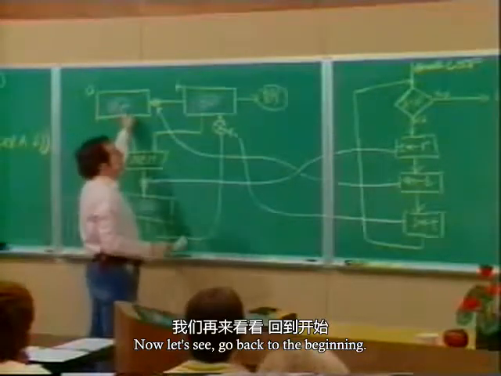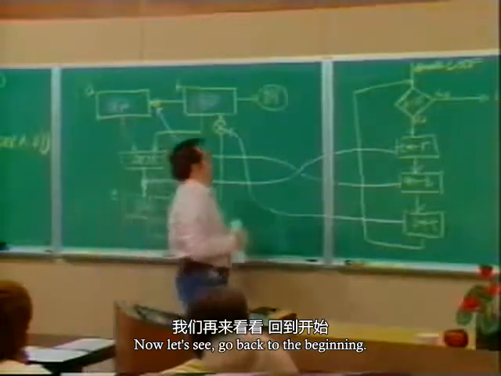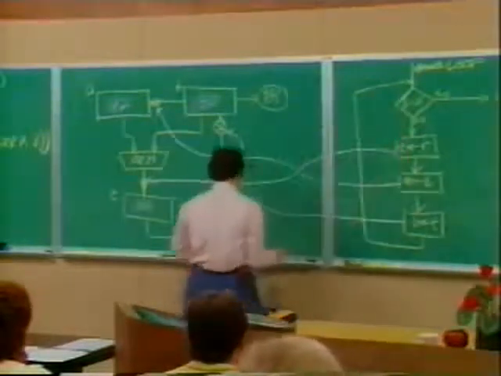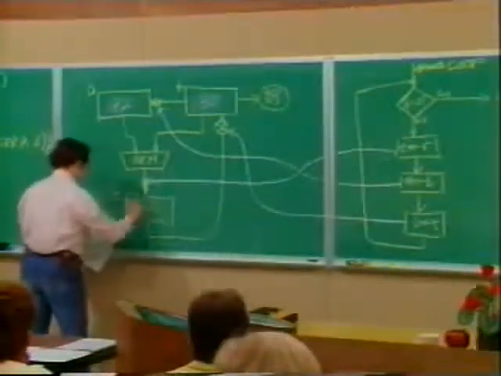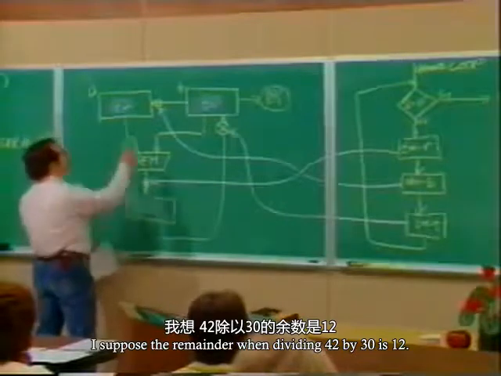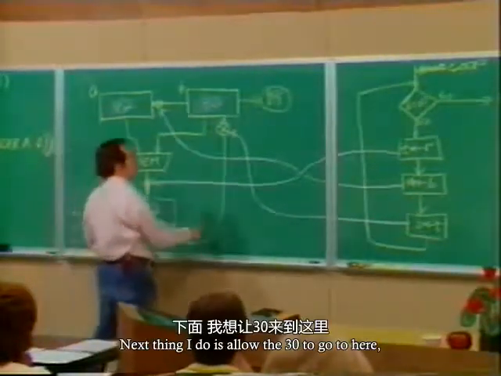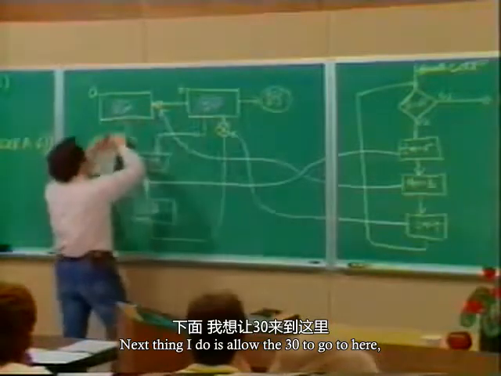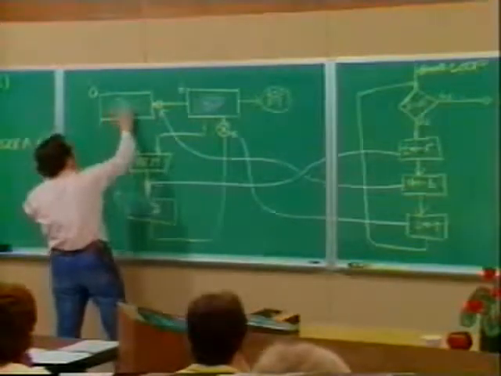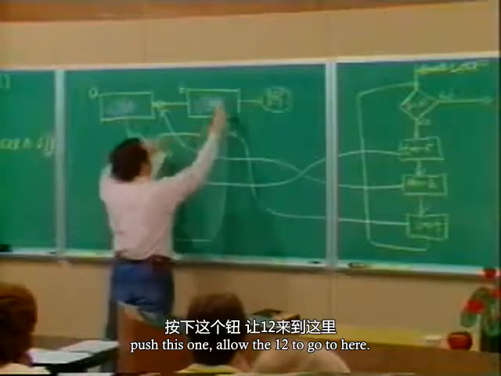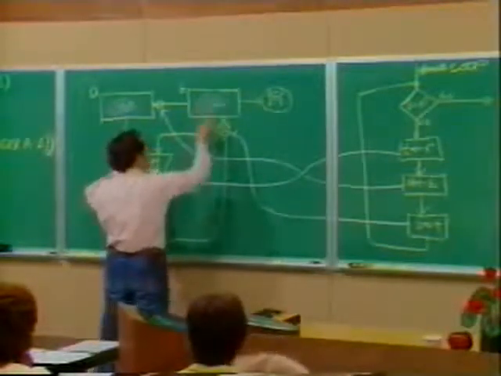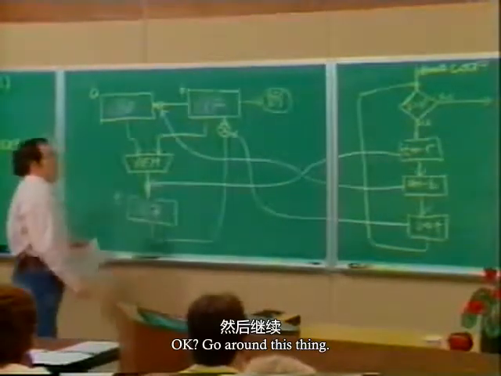Now let's see. Go back to the beginning. B is 0, no. T gets the remainder. I suppose the remainder when dividing 42 by 30 is 12. So I push that one. Next thing I do is allow the 30 to go to here. Push this one, allow the 12 to go to here. Okay. Go around this thing.